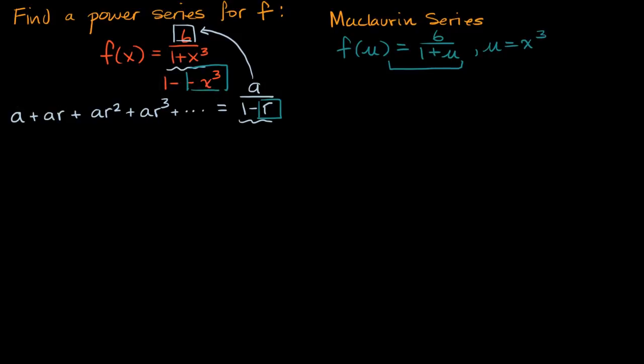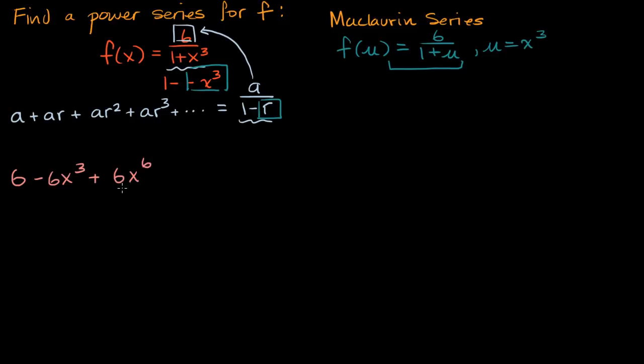So let's do that. And I'll do this in this nice pink color. So the first term would be 6 plus 6 times our common ratio, 6 times negative x to the third. And so actually, let me just write that as negative 6x to the third. And then we're going to multiply by negative x to the third again. So if I multiply this times negative x to the third, that's going to be positive 6 times x to the 6th power.